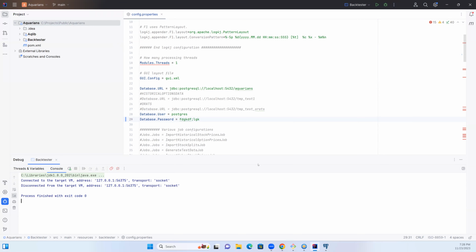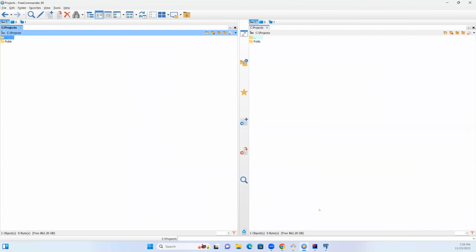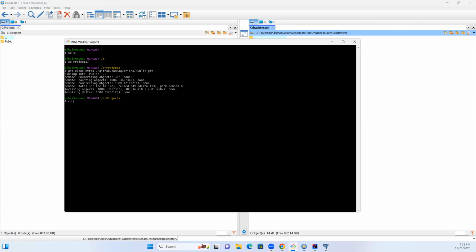And nothing happened, apparently. So we can check the log, which is in backtester source main resources backtester. So we have to go there. Navigate public Aquarians backtester source main resources backtester.